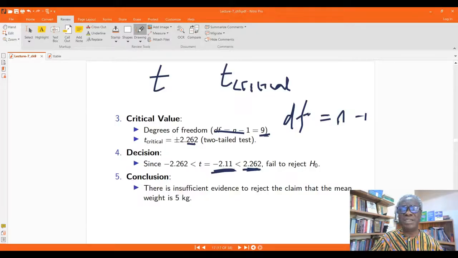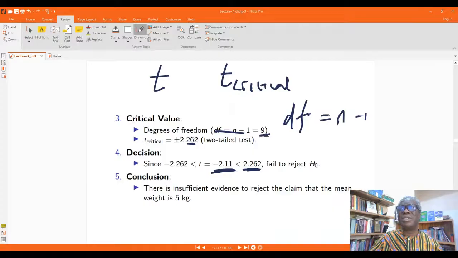Put differently, we reject the null hypothesis if the computed T is greater than the critical T. That's when we reject. If the computed T, the calculated T, is greater than the critical or the tabulated T, we reject.